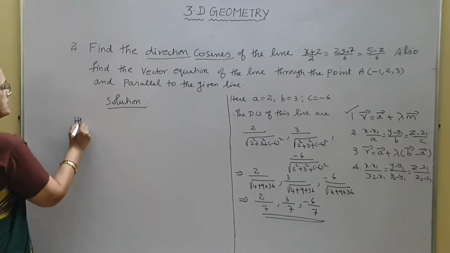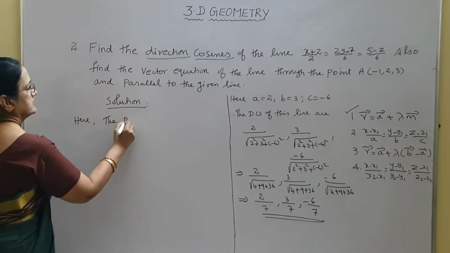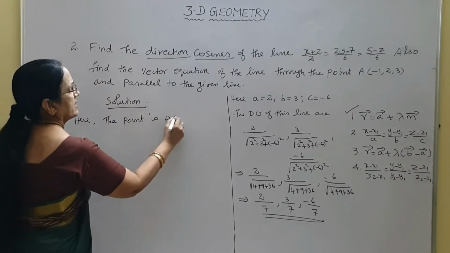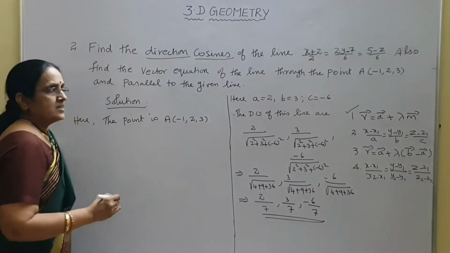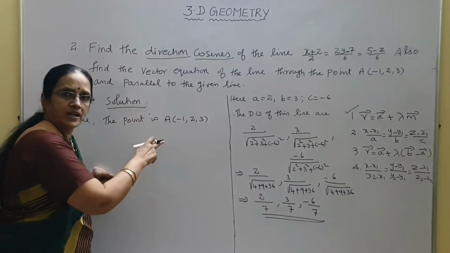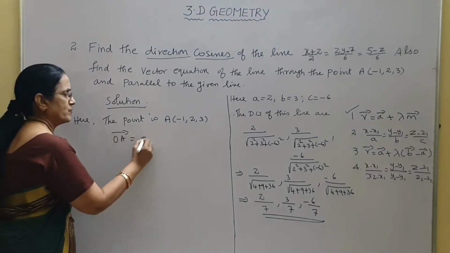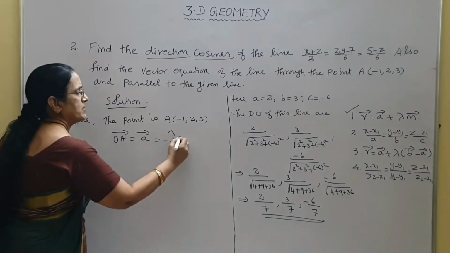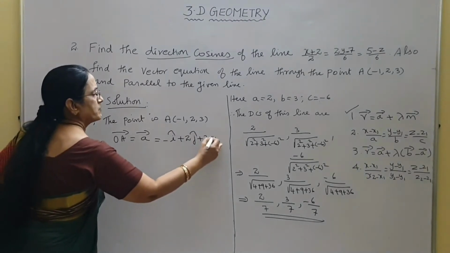Now, what are things given here for that? Here the point is A, minus 1, 2, 3. So what is the position vector of the point A? OA vector is equal to vector A is equal to minus i cap plus 2j cap plus 3k cap.